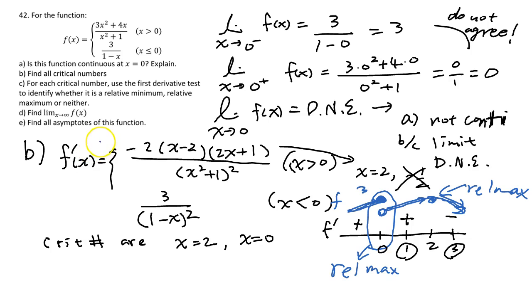Okay, find all asymptotes of this function. All right, first of all, the top one doesn't have any asymptote because the denominator is never 0. See, x squared is always positive. Positive plus positive is positive, right? x could be 0, but this denominator is 1 or greater, so it's never 0.